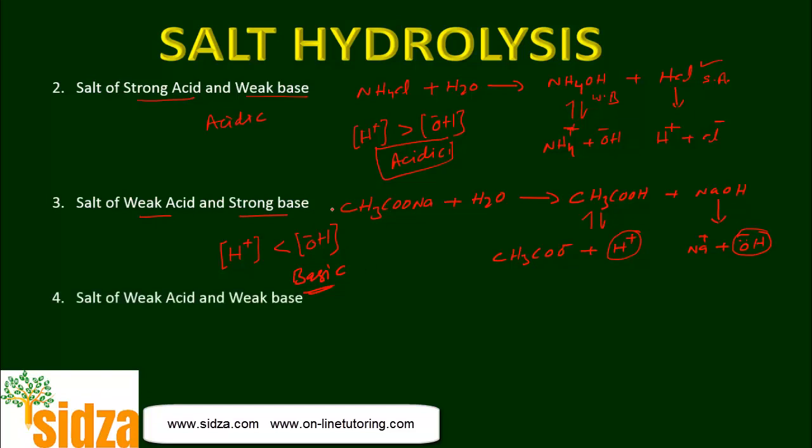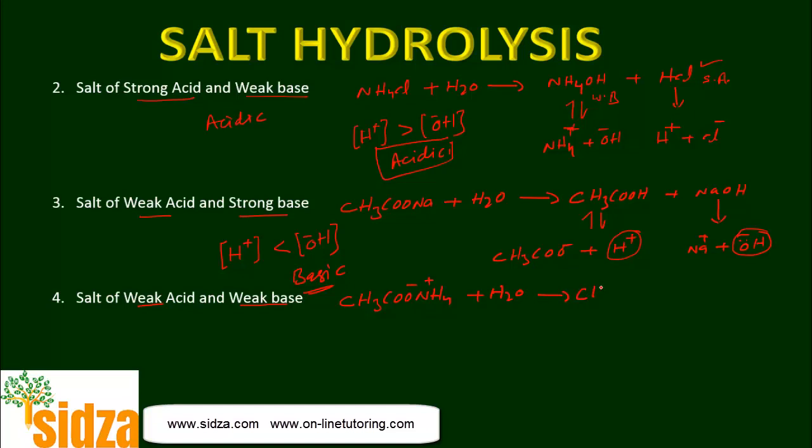Now what about a salt of a weak acid and a weak base? So again, we can take an example of ammonium acetate, CH3COONH4, right? This is a salt of a weak acid and a weak base. If you do the hydrolysis now, what will you get?